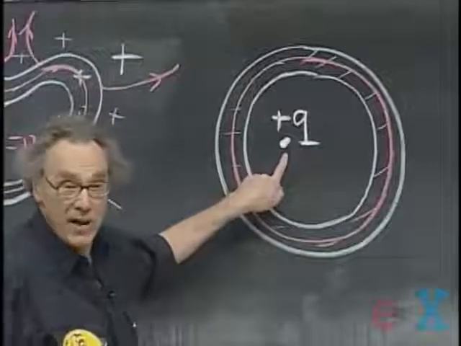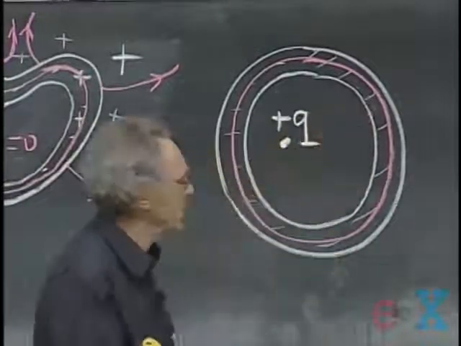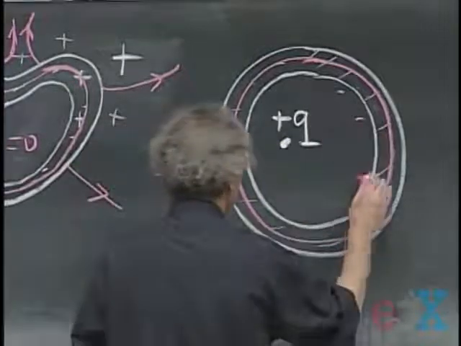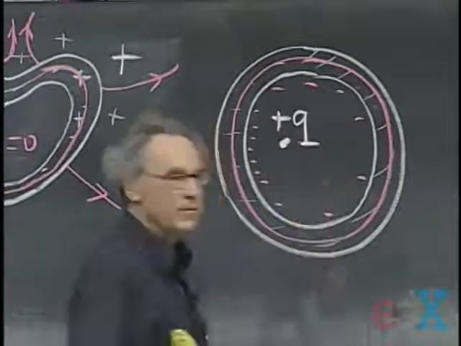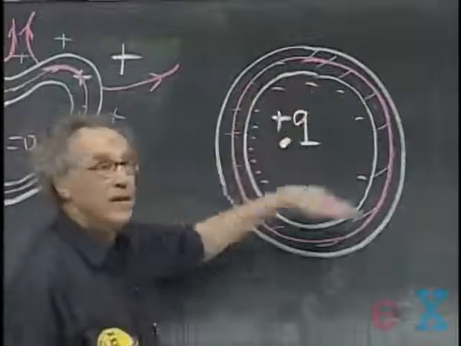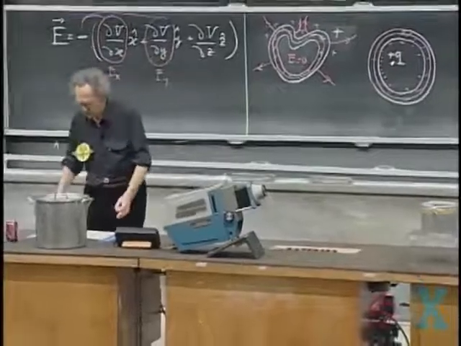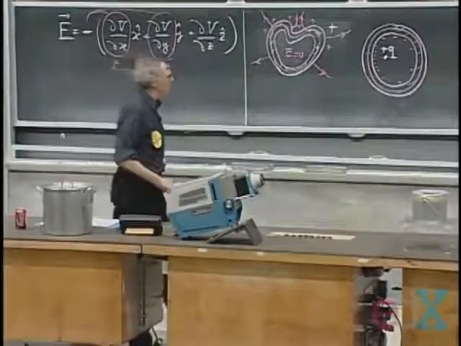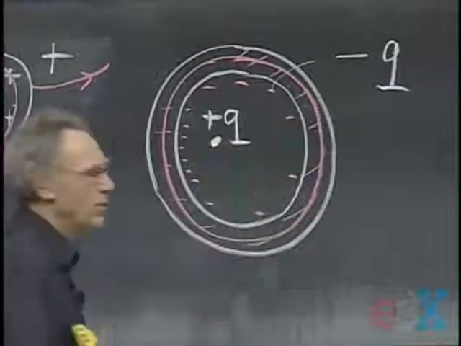So the charge inside must be zero. Since there can be no charge in the conductor itself, negative charge must now accumulate on the inside of that surface. So that the net charge inside this surface is zero. So now we do get charge on the inside. And how much charge do you get on the inside? Exactly minus Q, so that the sum of the two is zero.